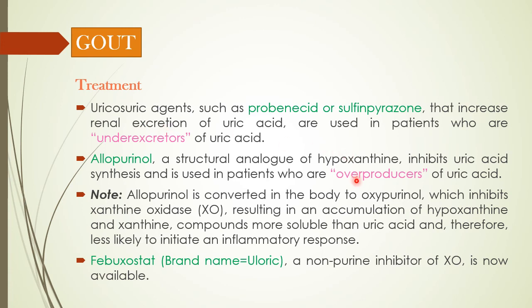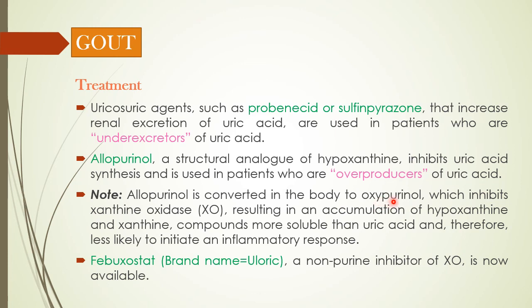For the patients of metabolic gout, which is associated with overproduction of uric acid, a drug of choice is allopurinol that can be given to these patients. Allopurinol is a structural analog of hypoxanthine, and it inhibits or blocks uric acid synthesis, and thus this is used to treat metabolic gout. For your MCQ part, you must know that allopurinol is converted first in the body to another compound which is called oxypurinol.